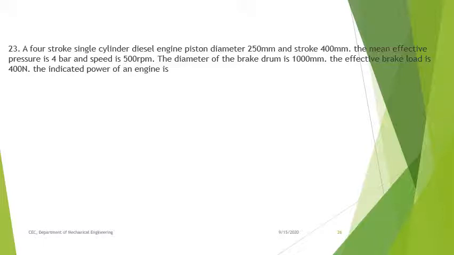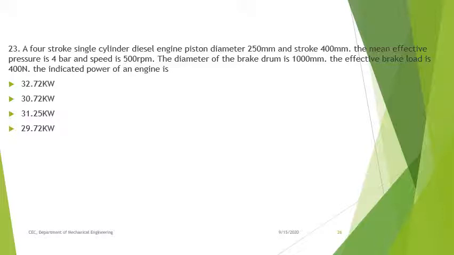The effective brake load is 400 Newton. The indicated power of an engine is 32.72 kilowatt, 30.72 kilowatt, 31.25 kilowatt, 29.72 kilowatt. So this one is a 4-cylinder engine.